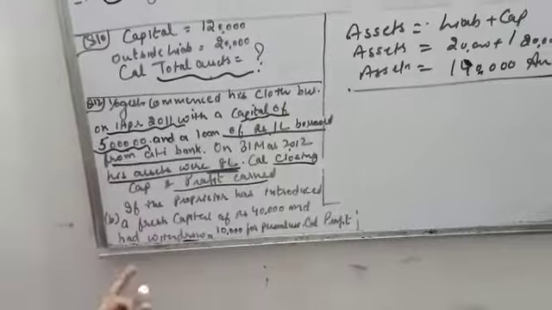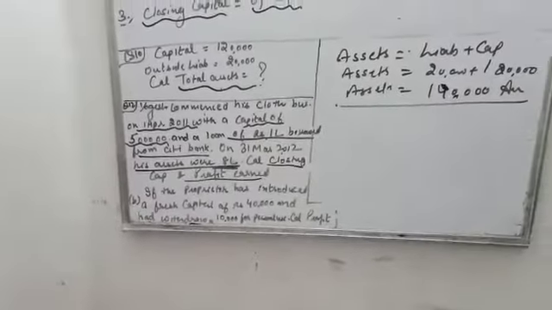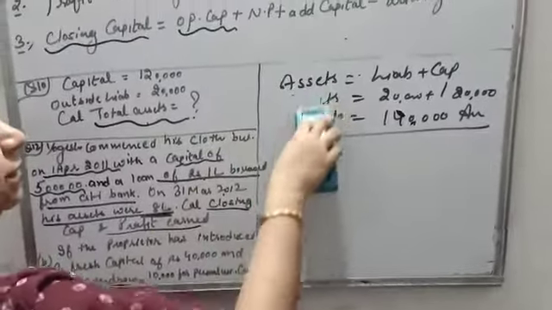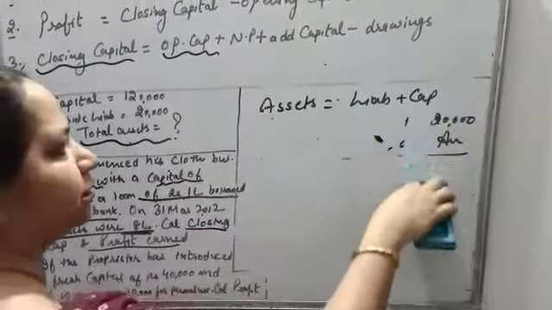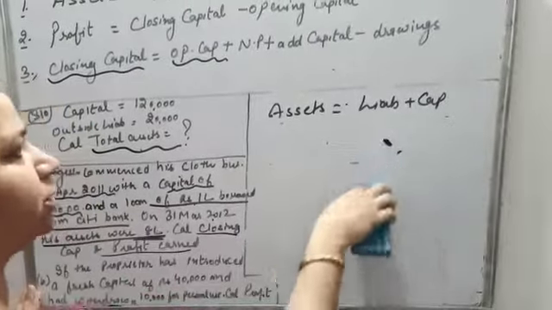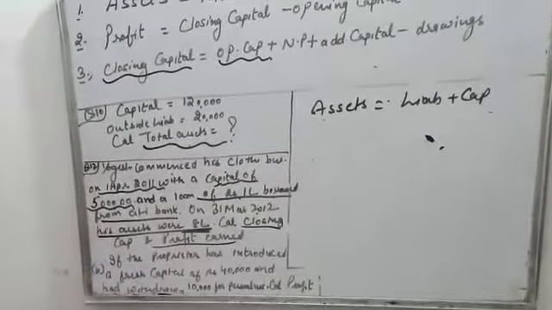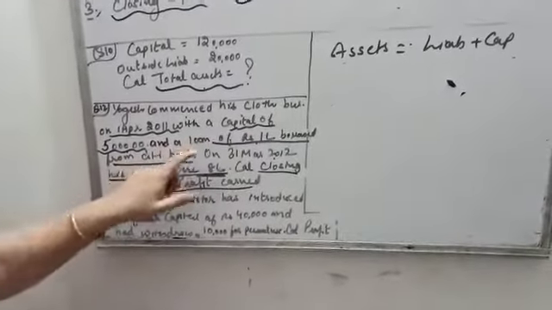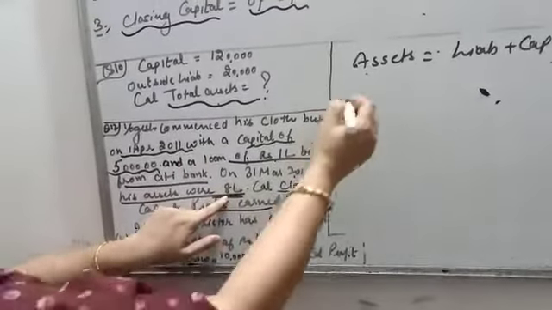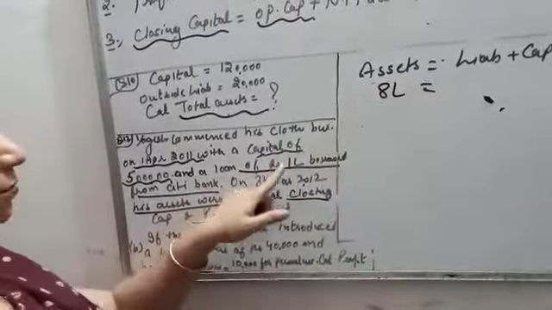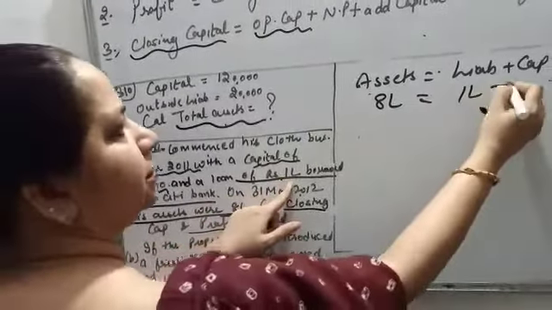हमें दो चीजें कैलकुलेट करनी हैं. अब इस question में again the same formula I am using. Firstly, we will calculate the closing capital. Assets is equal to liability plus capital. Assets have been given 8 lakh and the liabilities 1 lakh.